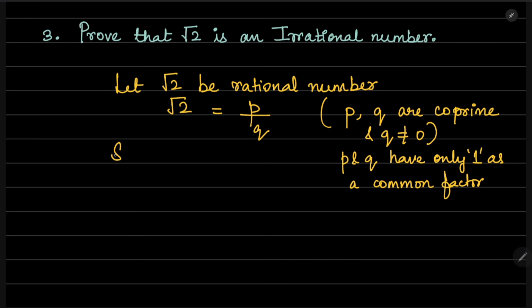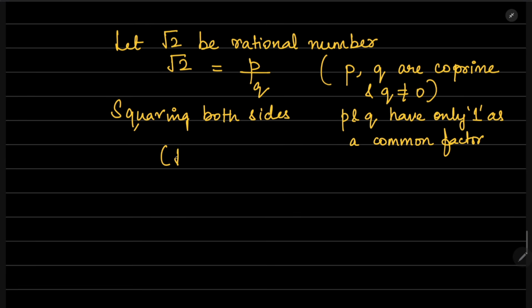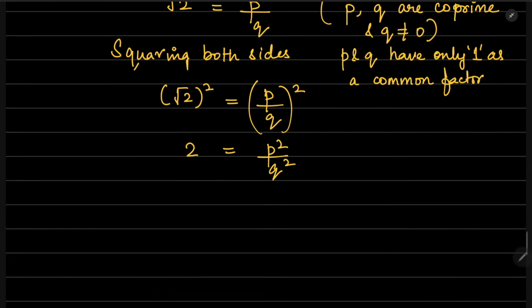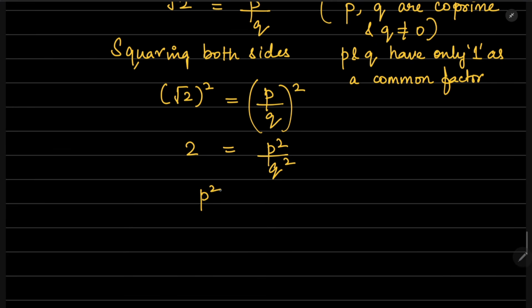Now what you have to do is square both sides. You'll get root 2 the whole square equal to P by Q the whole square. Every step is important. So 2 is equal to P square by Q square, or I can write P square equal to 2Q square.